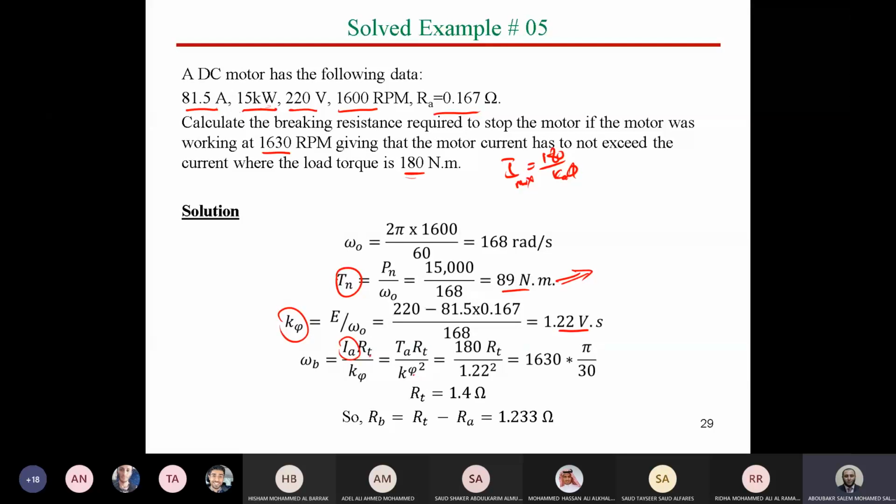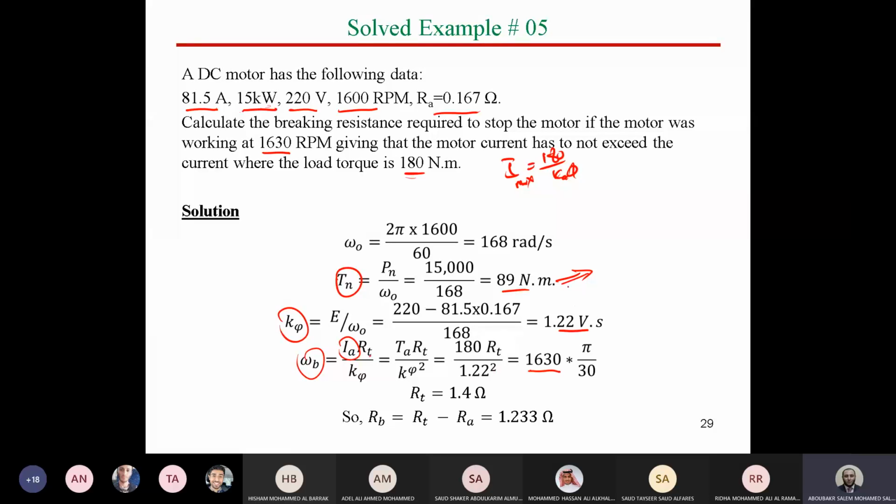And it's stated that the speed will be limited to 1630. So this is now the braking speed we need, or the braking point of speed. So speed is 1630 multiplied by pi over 30 to convert to radian per second, equals 180, which is the torque, multiplied by R total over K phi square.